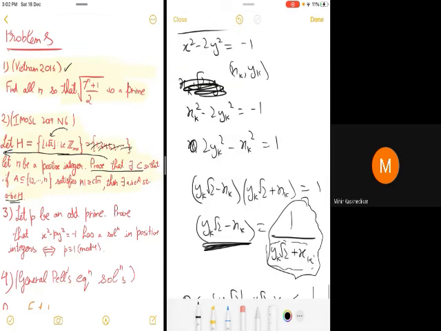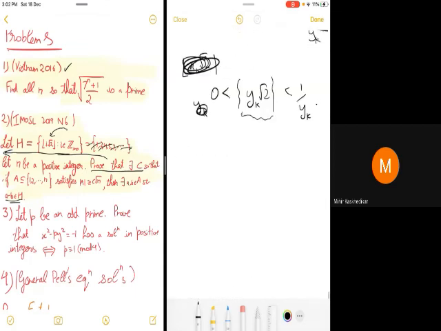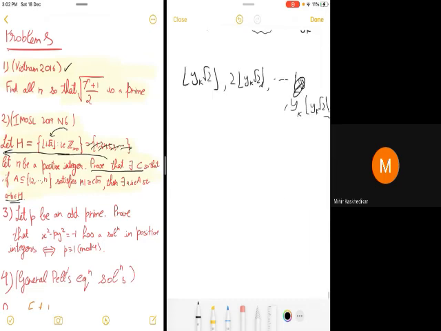So in particular, these, all the way up to yk, actually form a nice AP which is a subset of h.